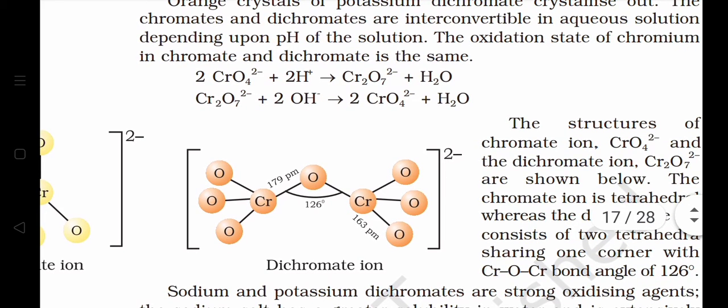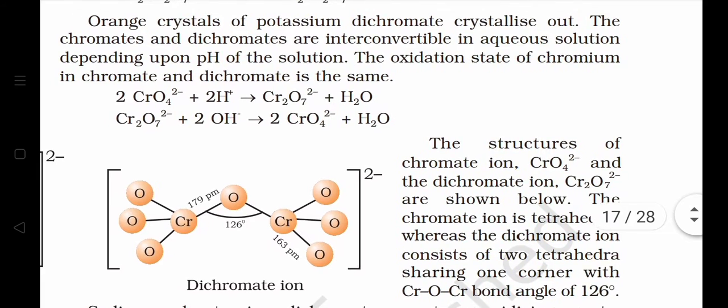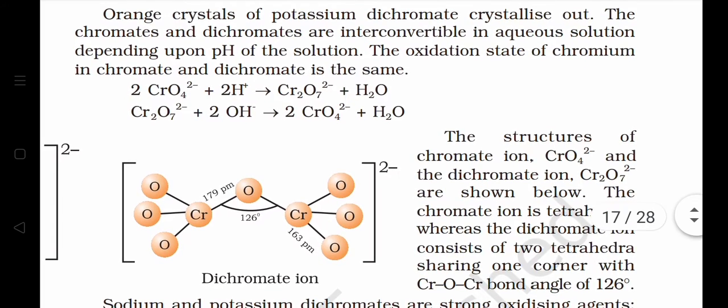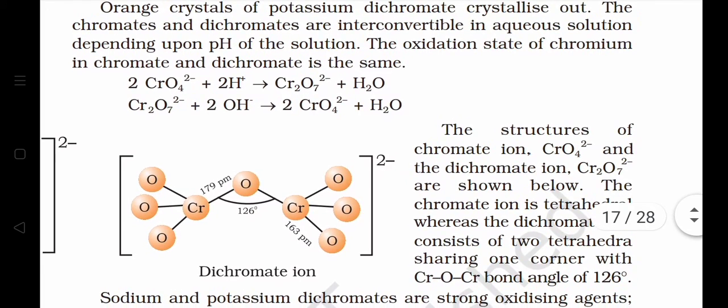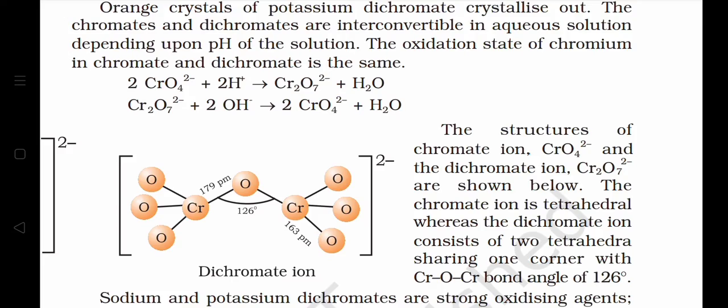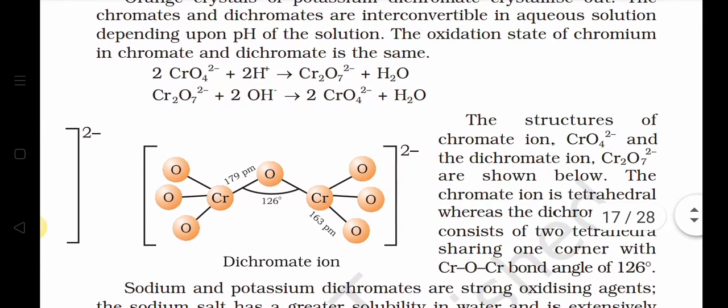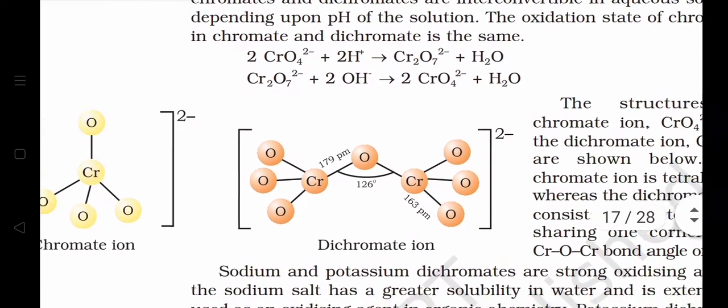Reverse is also possible. Look at the second equation. Cr2O7 2 negative, when base is added, again it is converted into CrO4 2 negative, that is chromate ions, plus water. Now the color changes from orange to yellow on addition of base.